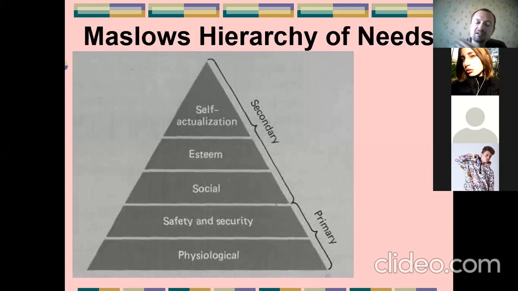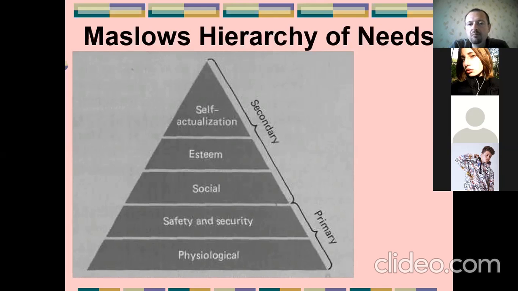And the second and the most important idea of Abraham Maslow was that he built a pyramid. It means that he mentioned the order of satisfying the needs, and also he divided all the needs into primary and secondary needs.